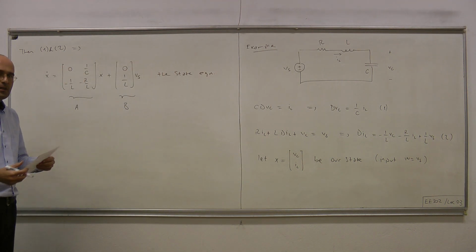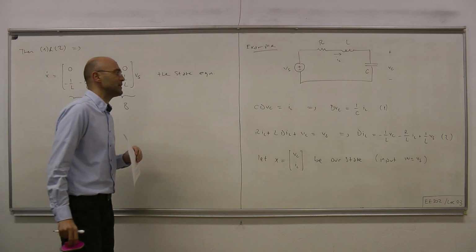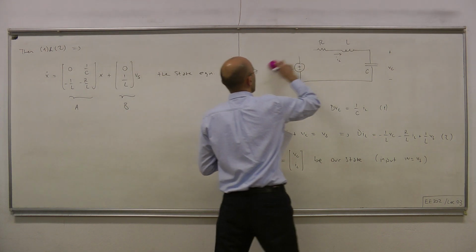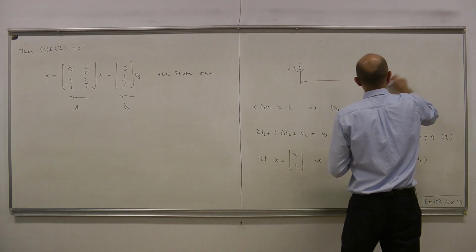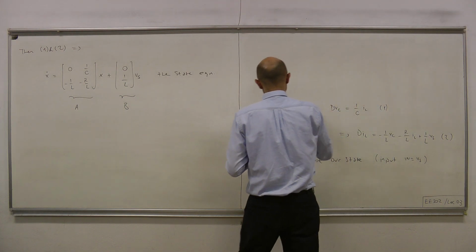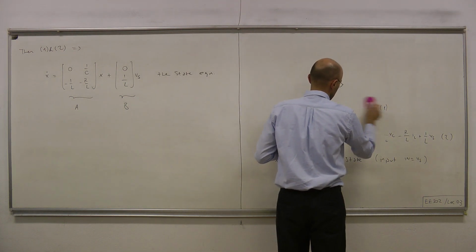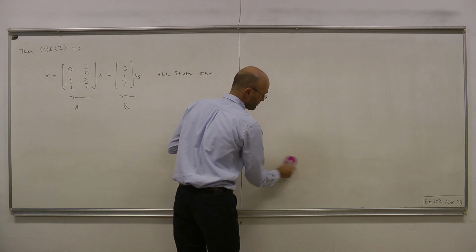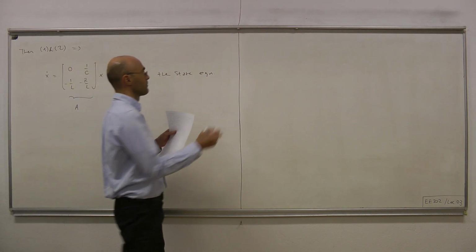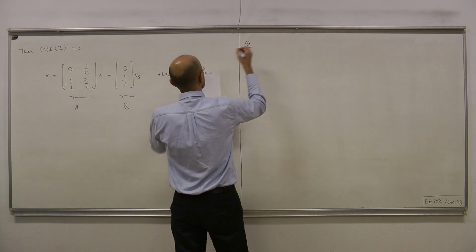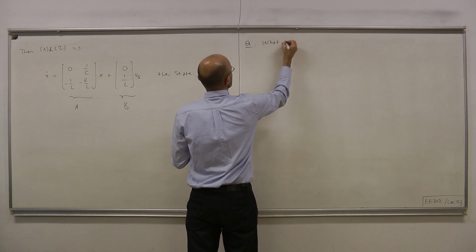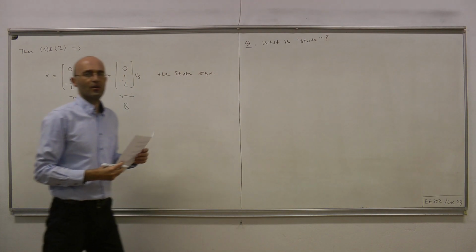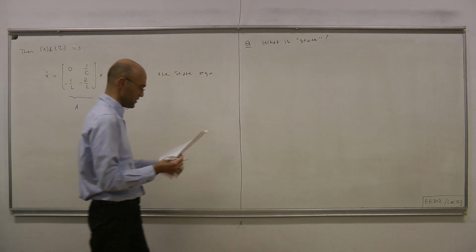Okay. Now let's try to be a little bit more precise about certain words that we have used. For instance, the word state. This is an important question. What is state, for a given circuit or for a given system?